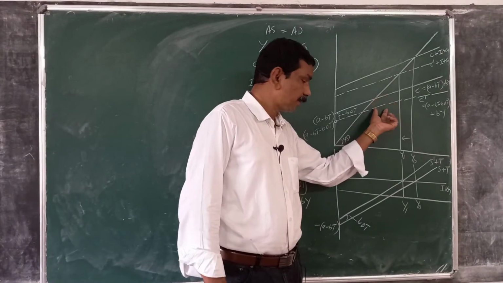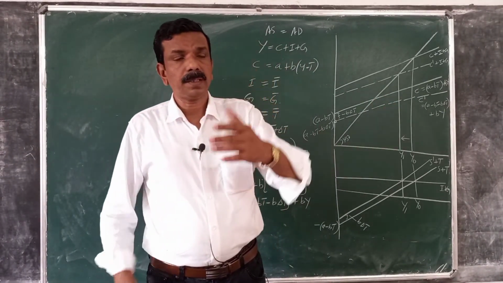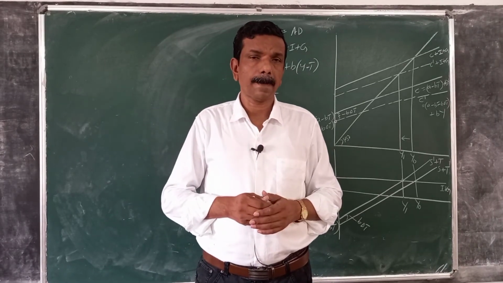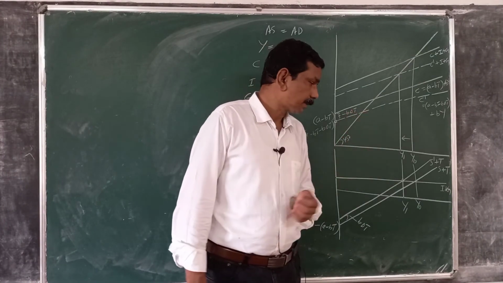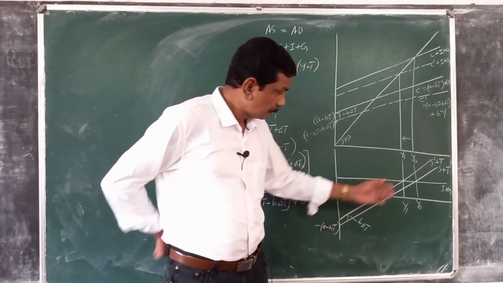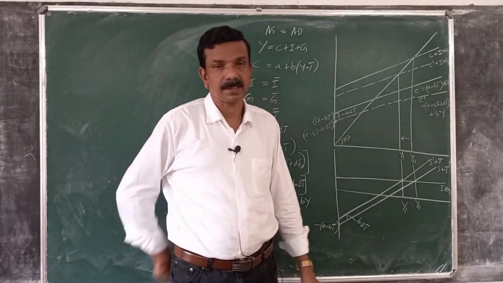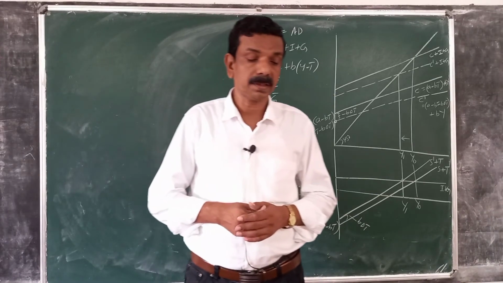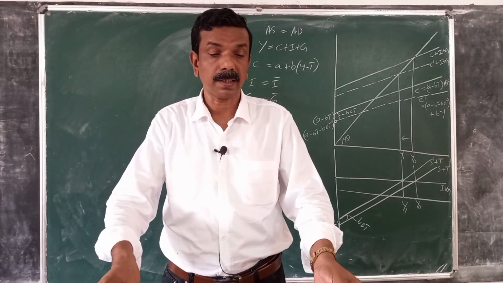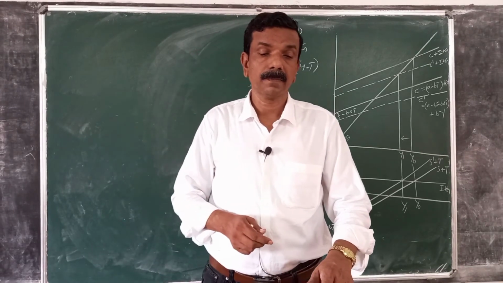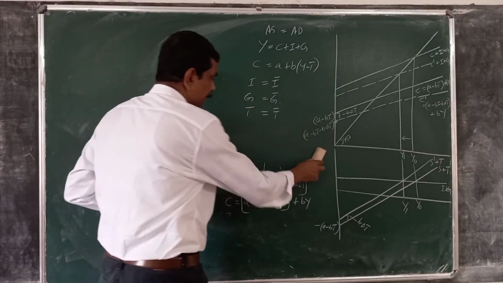So the consumption schedule shifts downwards not by the full amount of tax, only B into delta T. The other part is a shift down of the saving function, because the effect of an increase in tax on consumption is not direct. Now this can be explained like this.